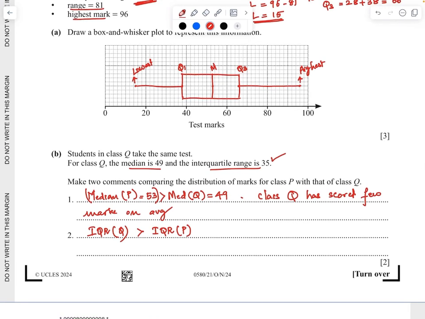So this says that class Q has a larger spread of marks. Or because the IQR of P is less, we can interpret it as P is more consistent than Q.